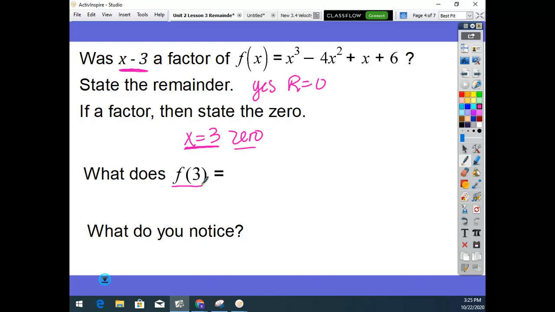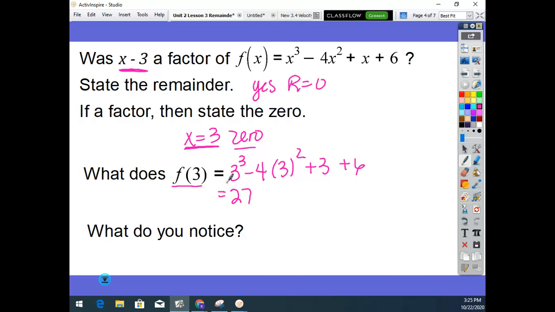Now let's find f of 3. 3 to the third minus 4 times 3 squared plus 3 plus 6. Raise our power. 3 squared is 9 times 4 is negative 36. 27 minus 36, negative 9, plus 3 is negative 6, plus 6 is 0.